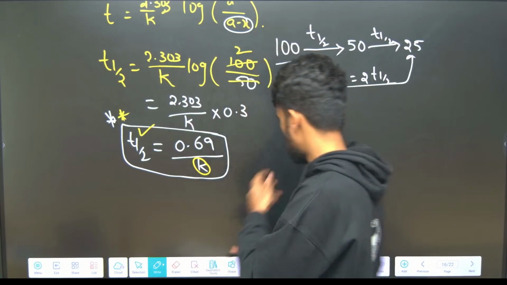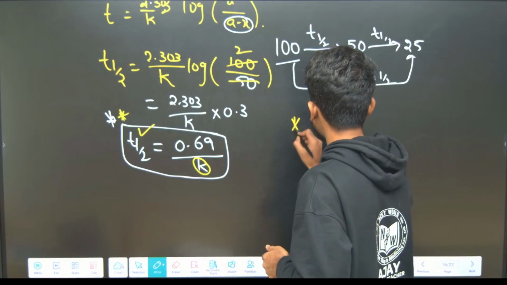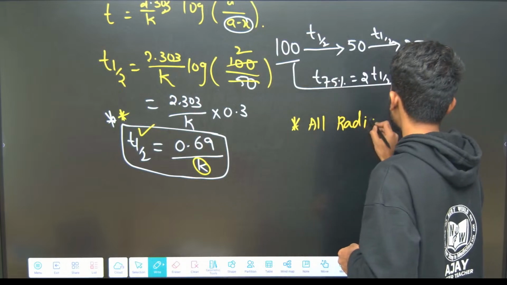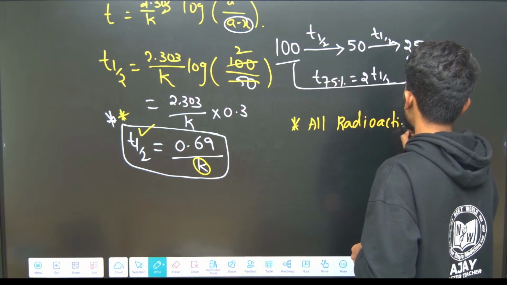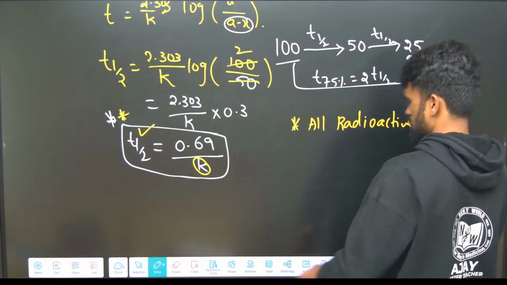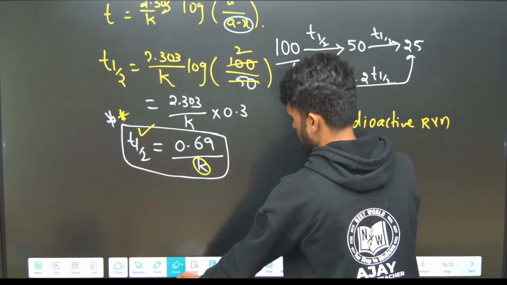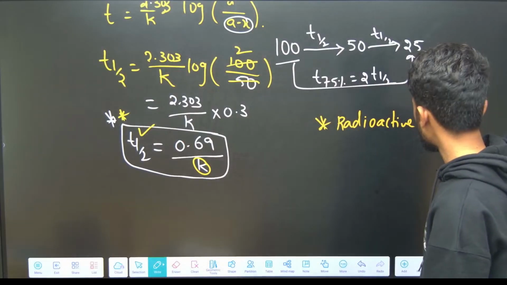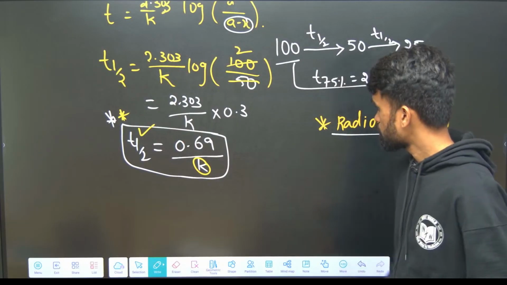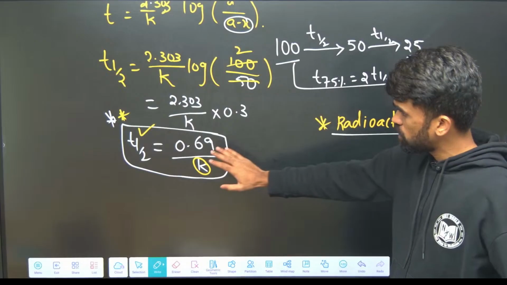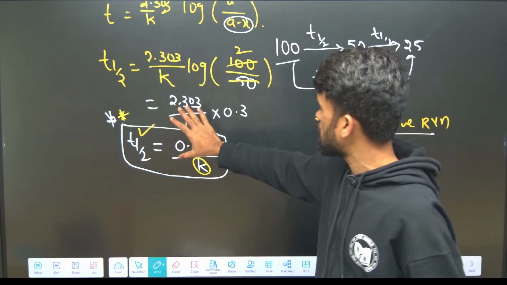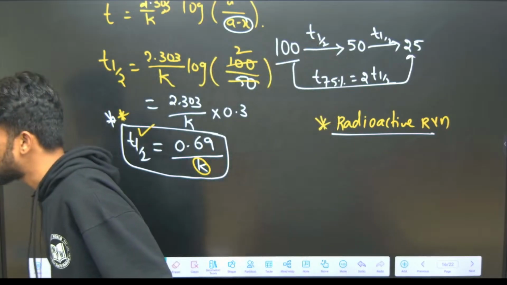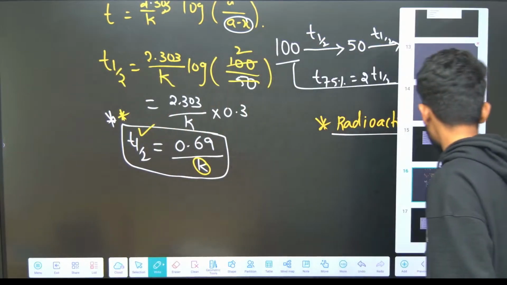And here next, all radioactive reactions, just simply take radioactive reactions are examples of first order reactions. Write this. Next we need to do some numericals related to first order reaction now. So let us discuss a few numericals related to this.